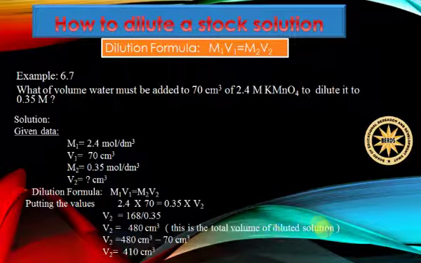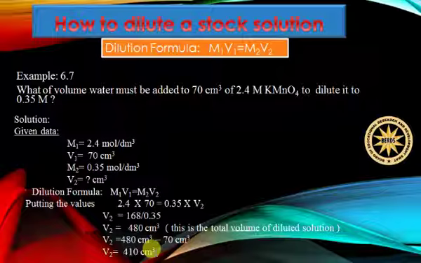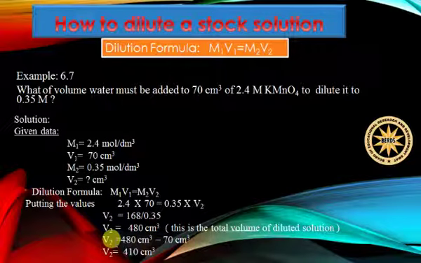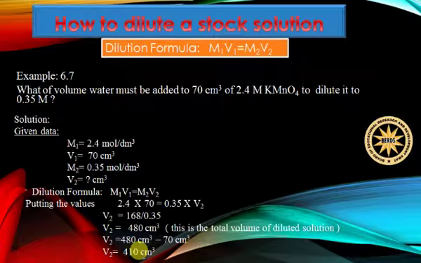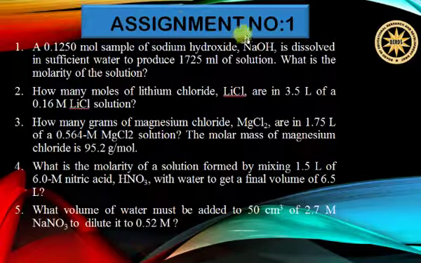This V2 is the total volume of dilute solution. So here we already have 70 ml in the first solution, so we have to subtract this 70 from the 480 centimeter cube. So the required amount is 410 centimeter cube, which must be added to the first solution to become the dilute solution.